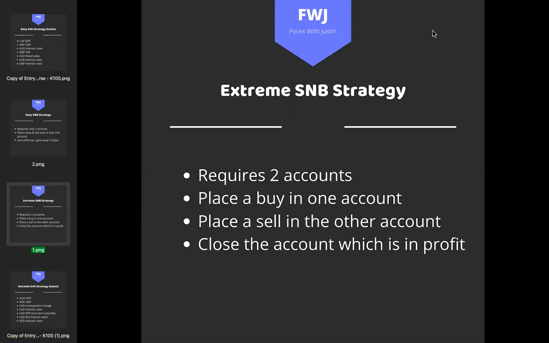Okay, I hope that answers the question. So in this extreme sell and buy strategy, when one sells and the other one buys, do you need to aim for a certain profit amount?